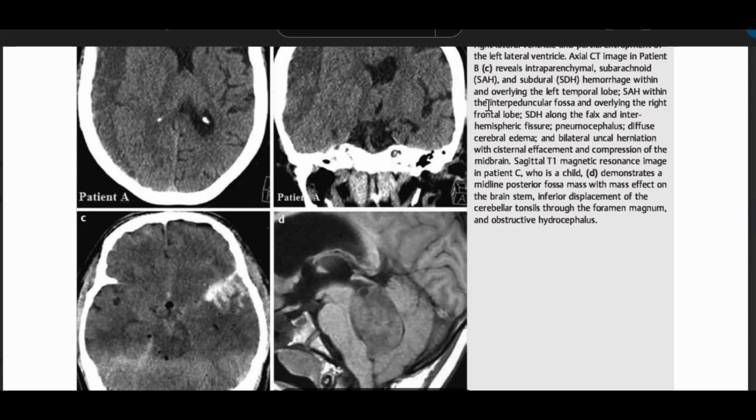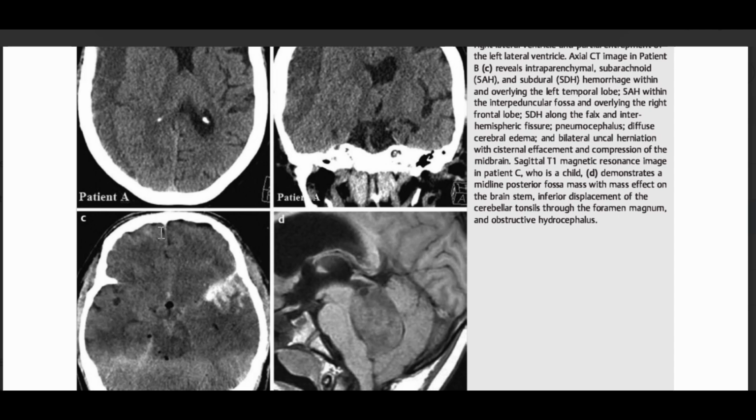So here, there's subarachnoid hemorrhage within the interpeduncular fossa and overlying the right frontal lobe. This is the right frontal lobe. And as I mentioned, blood within the cerebral sulci, can you see?